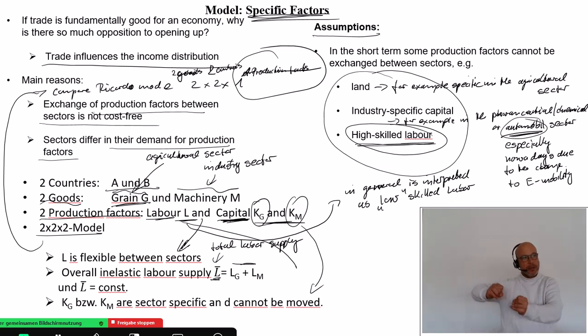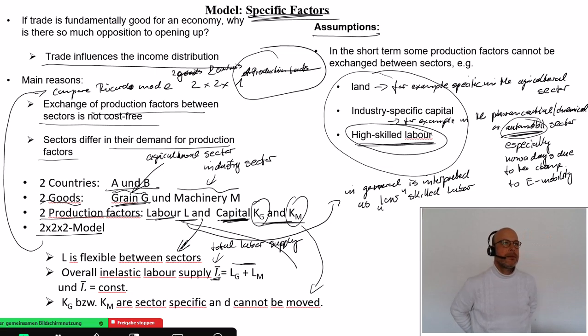One is specific only for one sector, for one good. We can use it only there. Think of the huge tractors in the agricultural sector. It's hard to use these machines in other sectors, or think of specific machinery in industrial production; it won't be that easy to switch such a machine to another sector.